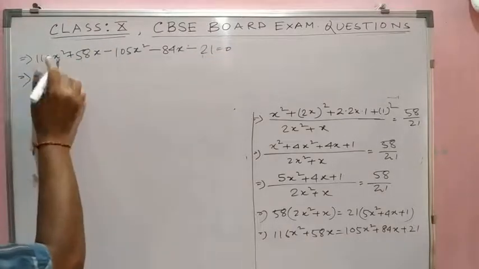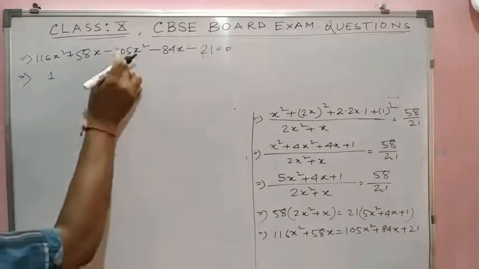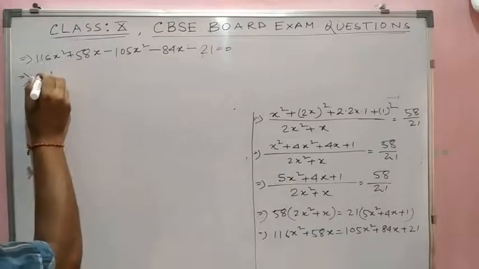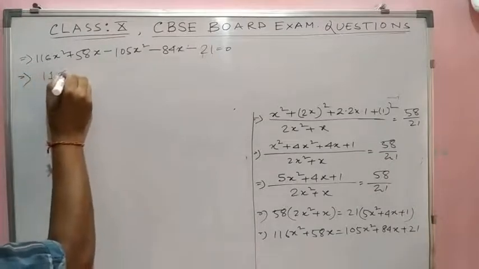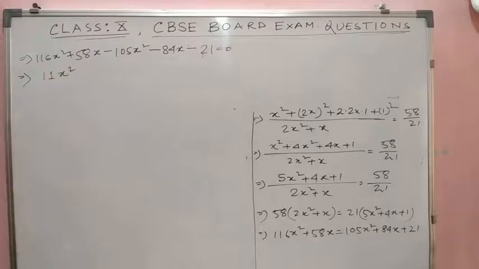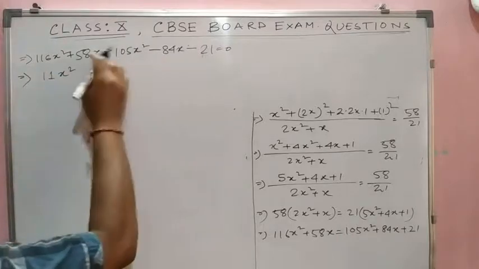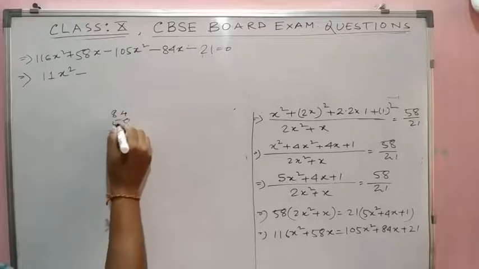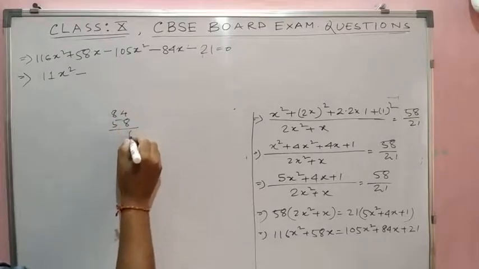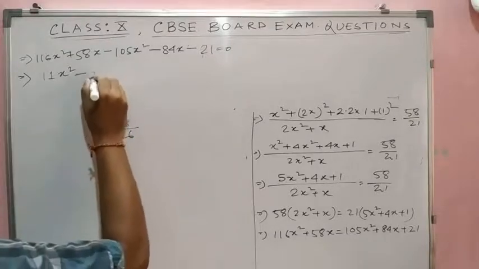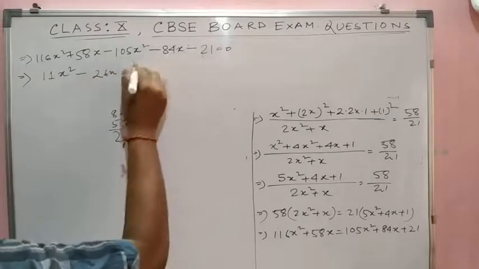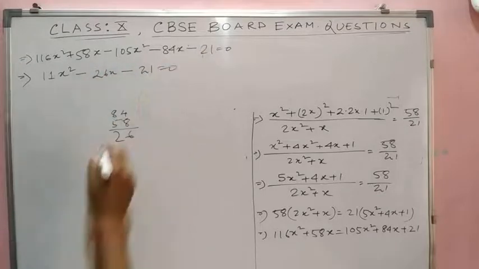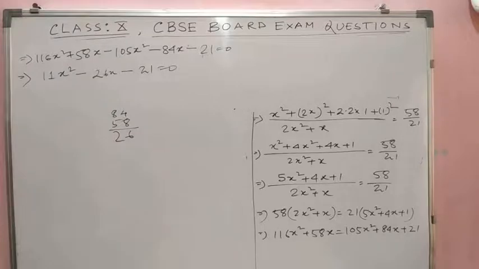This implies that on calculation, it will be 11x square. Then minus 84 minus 58, what we get? 26x, and this minus 21 equal to 0. So 11x square minus 26x minus 21 equal to 0 is the standard form of the equation.